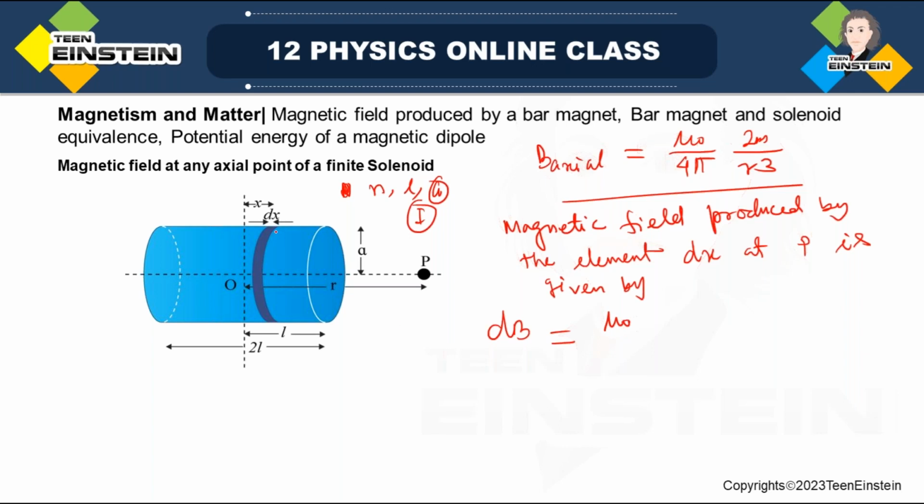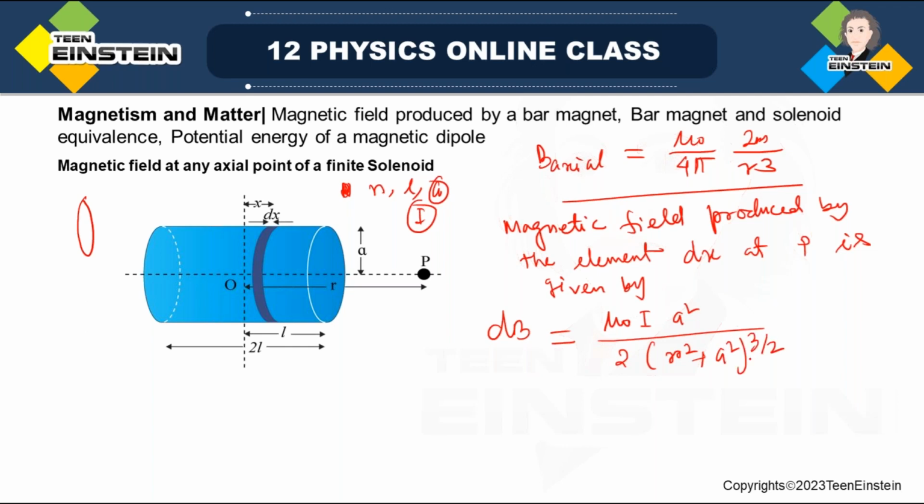Actually, if I consider a circular current loop, what is the expression we have seen for the magnetic field? We have seen the expression is mu 0 I into a square, divided by 2 into r square plus a square whole to the power 3 by 2.